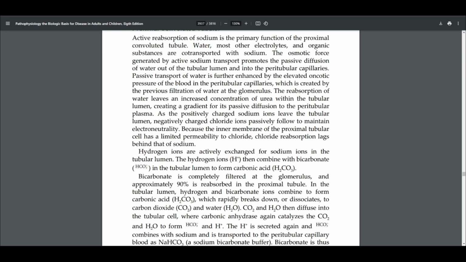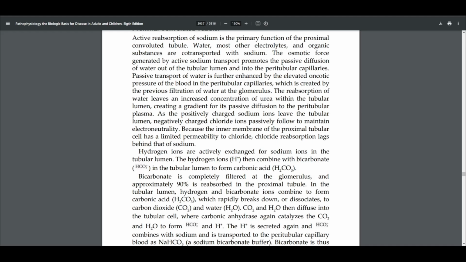Passive transport of water is further enhanced by the elevated oncotic pressure of the blood in the peritubular capillaries, which is created by the previous filtration of water at the glomerulus.